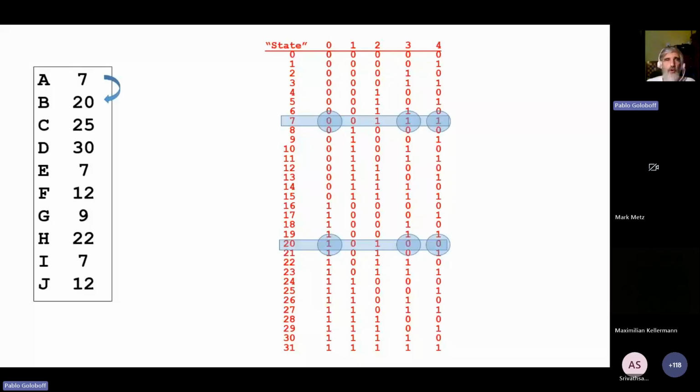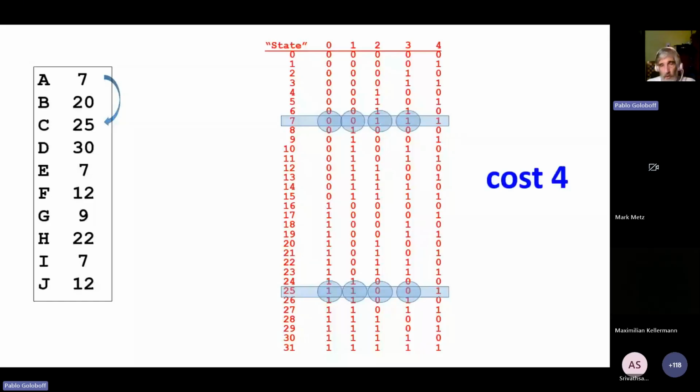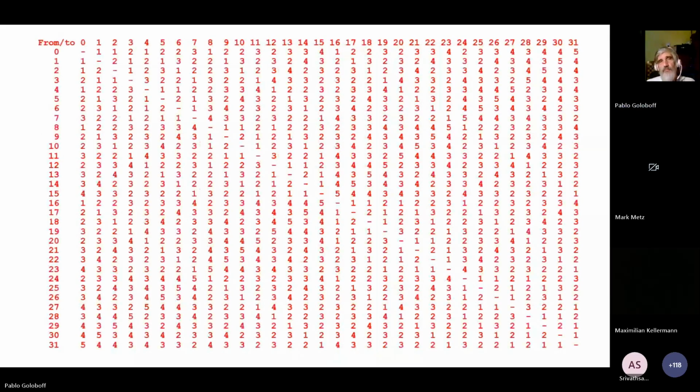So the cost of going from 7 to 20 must be 3. The cost of going from 7 to 25 must count all the differences in 4 characters in this case. So the cost from 7 to 25 is 4. By doing this for all combinations of states, you fill the entire step matrix. And then you can use that step matrix to do an analysis.